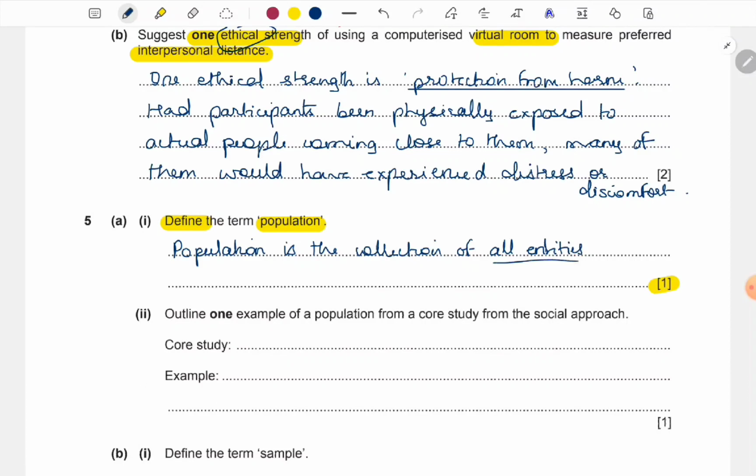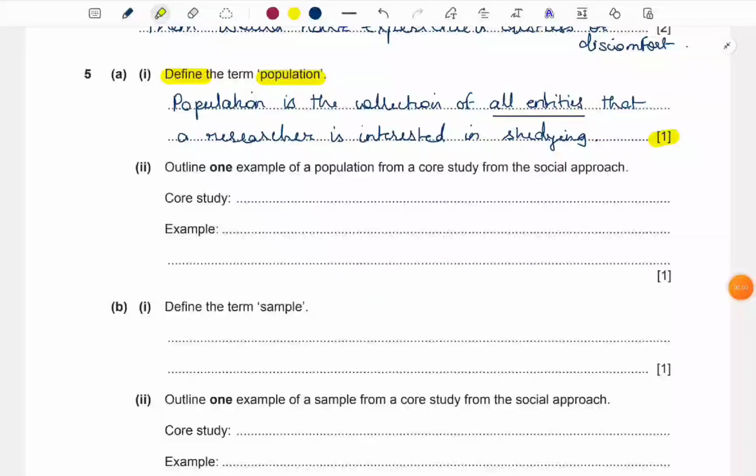Why am I using the term entities? Because it could be anything: objects, institutions, human beings. So I'm not just saying persons or individuals, that a researcher is interested in studying. An alternative definition that you will see in many textbooks is that population is a set of people sharing common characteristics. That is also very correct.